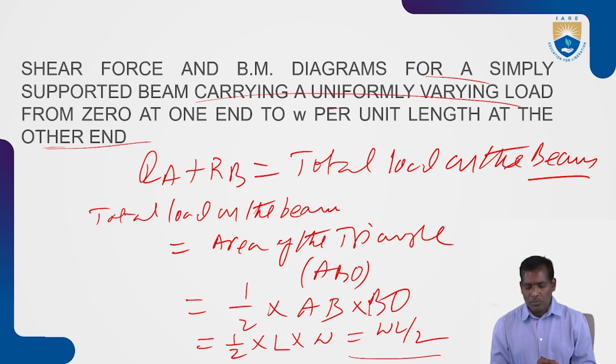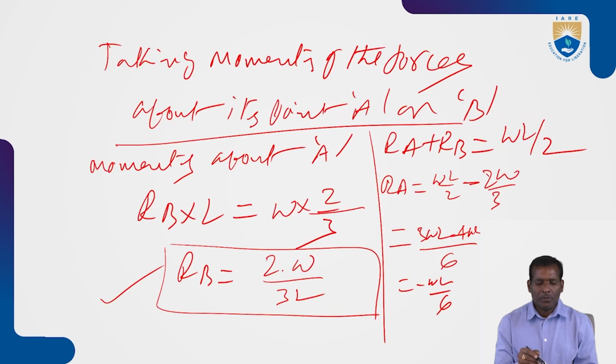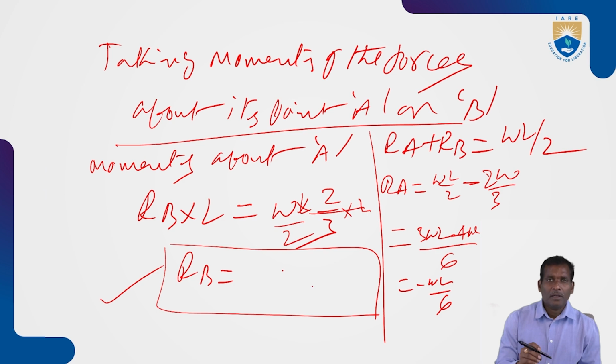So WL by 2 has to take 2 by 3rd into L. Sorry, here I taken it wrongly. Here WL, so the L gets cancelled here, and the 2 also gets cancelled here.